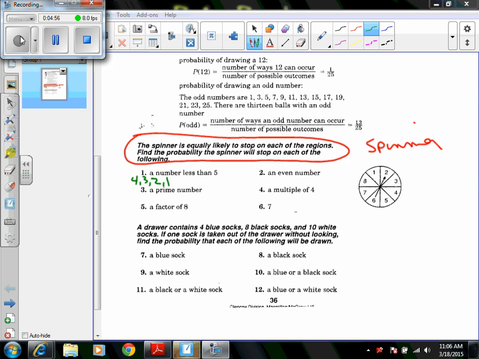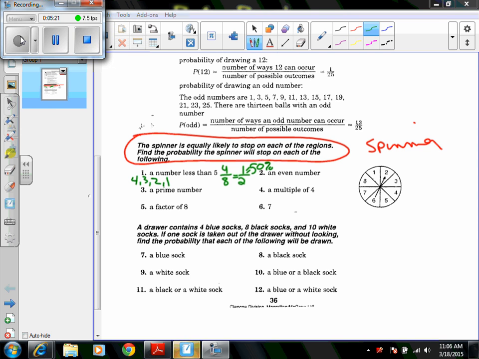So my probability of getting a number less than 5 is 4/8, 4 out of 8 of them are less than 5. I can reduce that to 1/2. And if I change that to a percent, we know that 1/2 is equal to 50%. So I have a 50% chance of spinning a number less than 5.